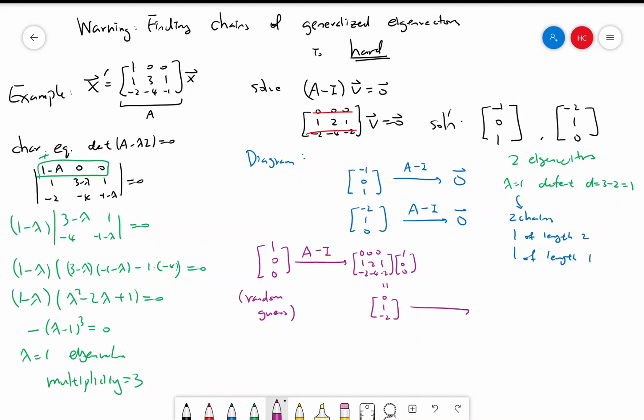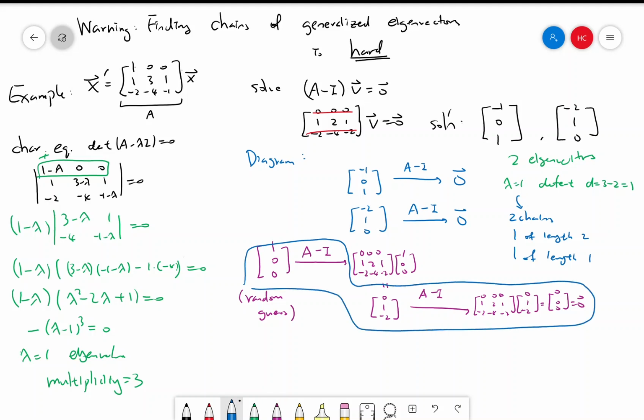And then if we multiply by A minus I again, [0, 0, 0; 1, 2, 1; -2, -4, -2] times 0, 1, negative 2, this is going to be 0, 0, 0, which is the zero vector. So this is the length 2 chain we need. So this is going to be our V1, and this is going to be our V2. So we have a chain of length 2.